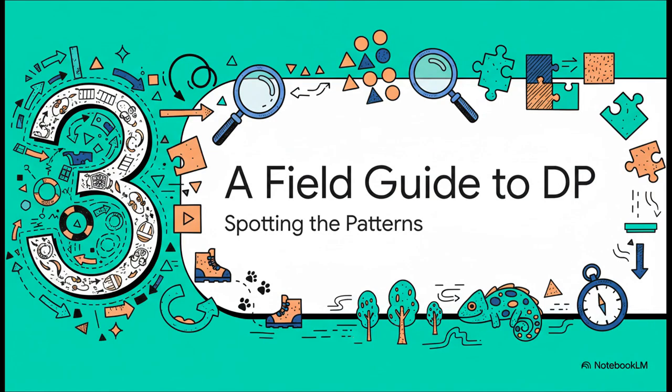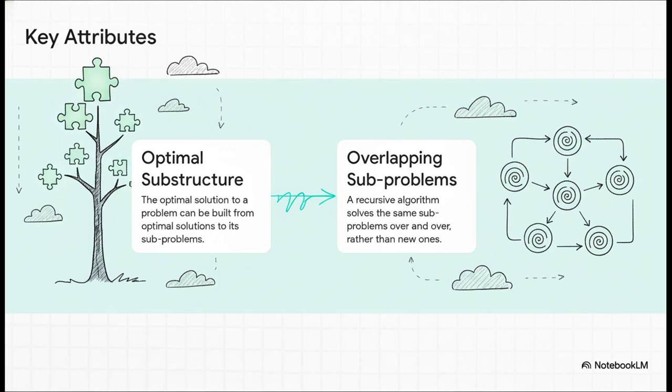Okay, so that's the theory. But how do you actually spot a problem out in the wild where you can use this technique? Well, technically, a problem is a perfect candidate for DP if it has two key things going on. First, optimal substructure. That's a fancy way of saying that the solution to the big problem is built from the solutions of its smaller pieces, just like how f of 5 is built from f of 4 and f of 3. And second, overlapping subproblems.